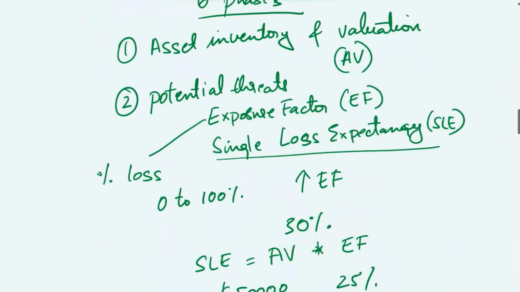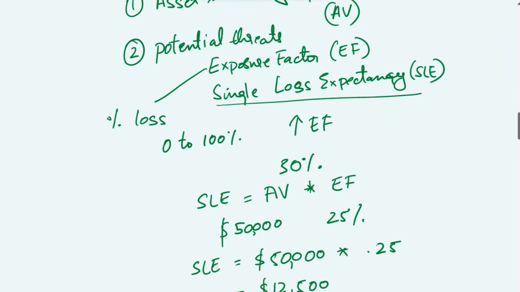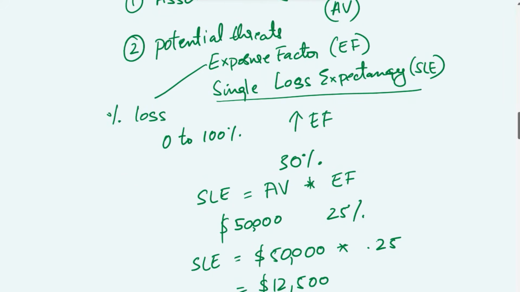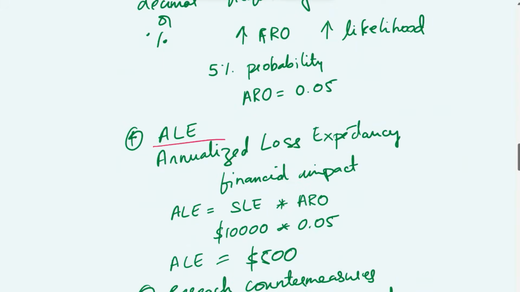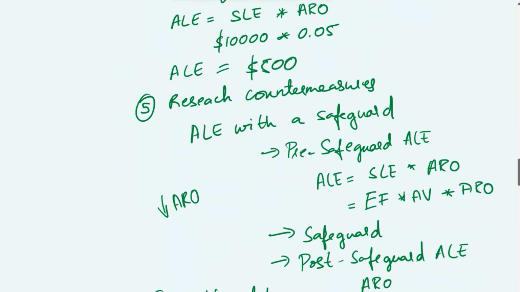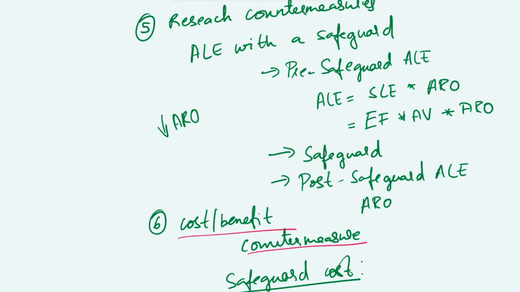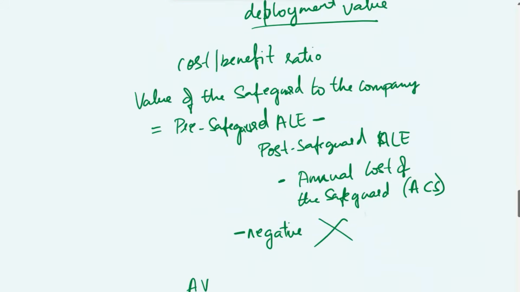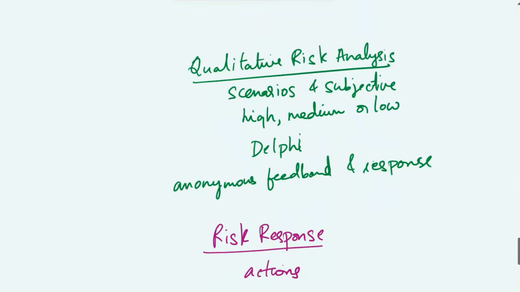Then in quantitative, we learned how to calculate the asset value and then the single loss expectancy, the formulas involved in this, exposure factor, and also we learned about ARO, annualized rate of occurrence, ALE, and then how to research countermeasures, how to define the countermeasures, how to implement them, cost benefit analysis of the countermeasure, which countermeasure fits your organization better. And then we also calculated the value of the safeguard, how should we select it. And then we learned qualitative.